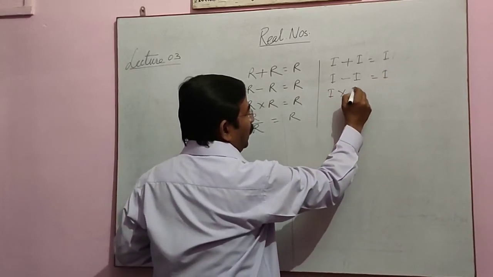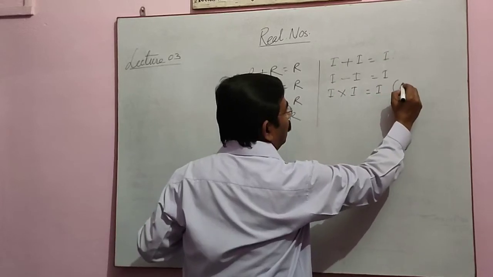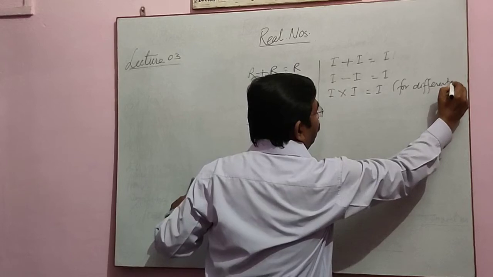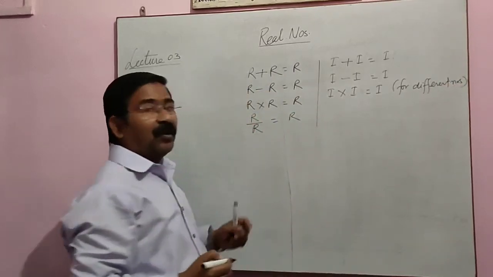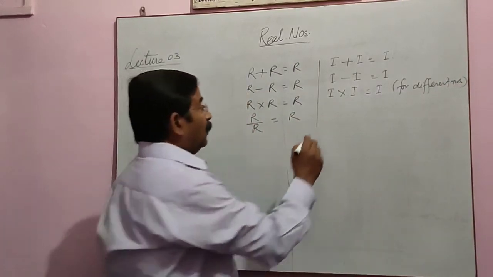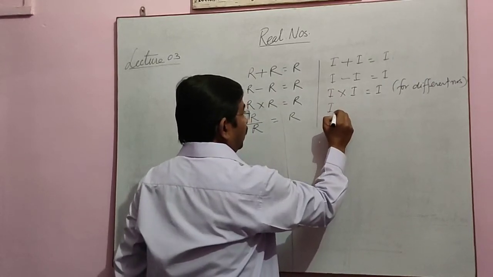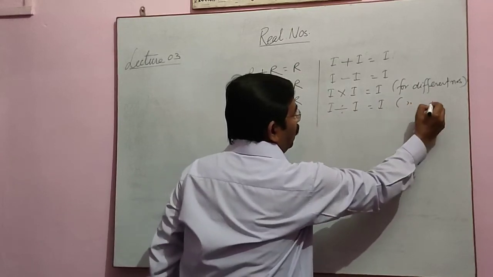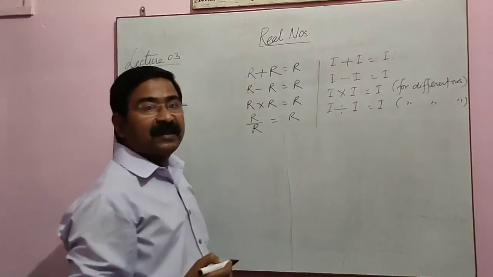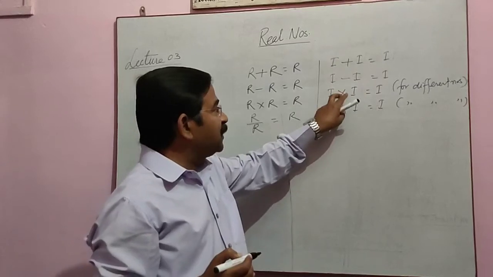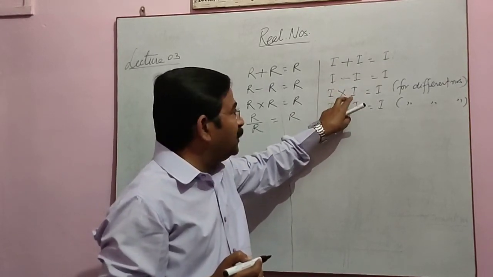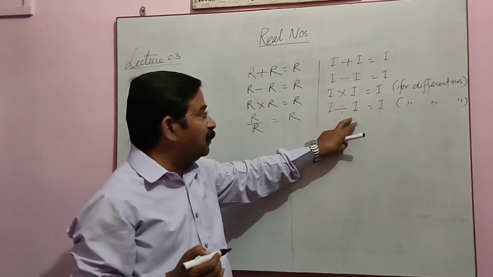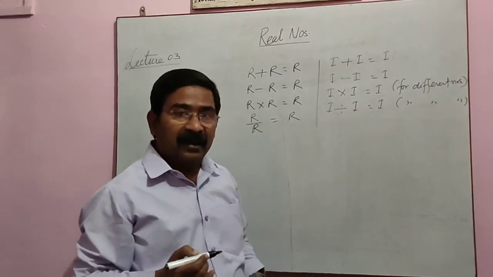Irrational into irrational is irrational for different numbers. Irrational divided by irrational is irrational for different numbers. For the same irrational number, the product becomes rational. For the same irrational number, the quotient becomes rational.